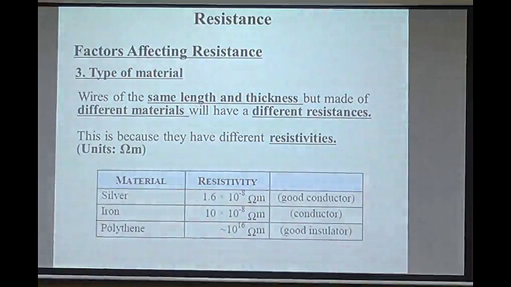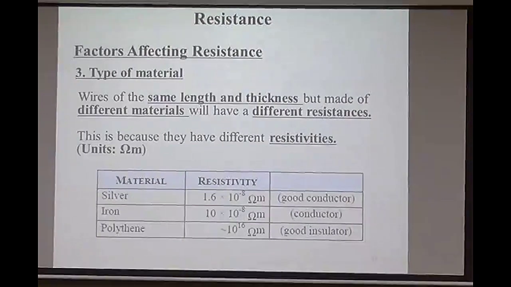If you have a copper wire, an aluminium wire or a silver wire, they all will have different resistivities even if they have the same length and the same area of cross section. Here are the resistivities of silver, iron and polythene. Silver, having low resistivity, is a good conductor. Iron is a conductor. Polythene is a very good insulator. It will not allow current to pass through it.